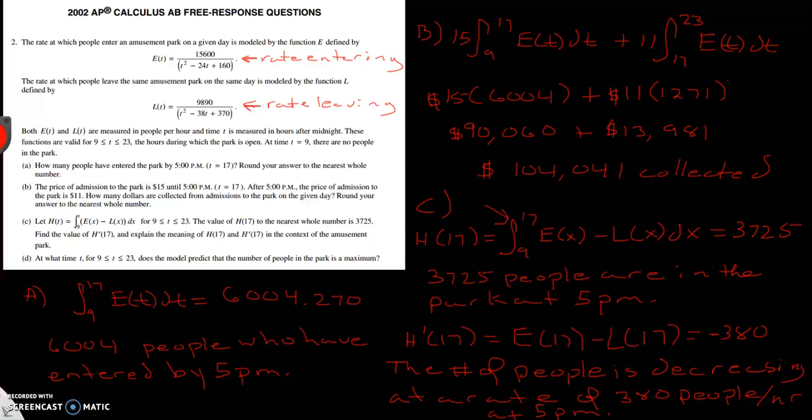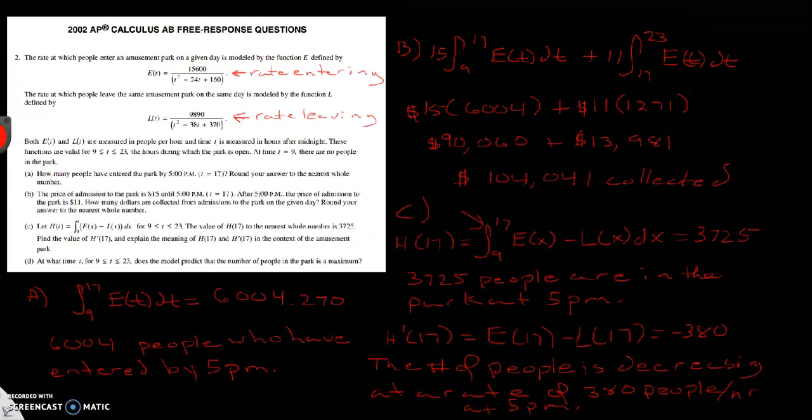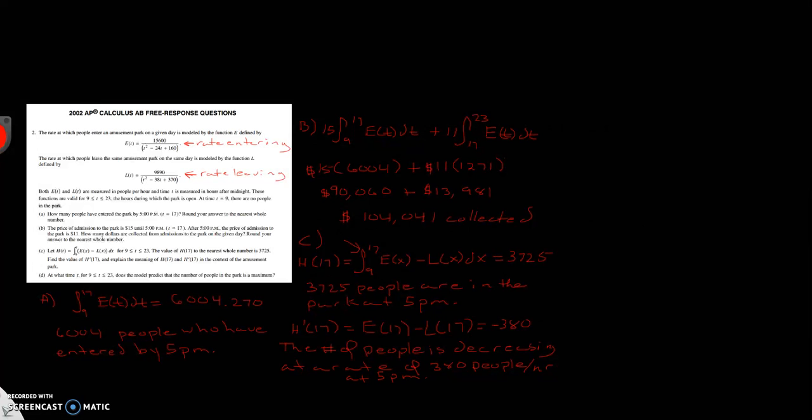Now, part D says, at what time for 9 ≤ t ≤ 23 does the model predict that the number of people in the amusement park is a maximum? Okay, so that's not that hard of a question.